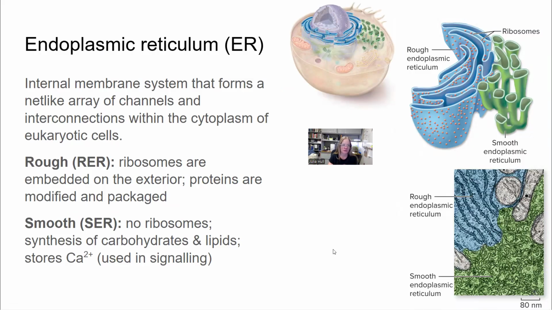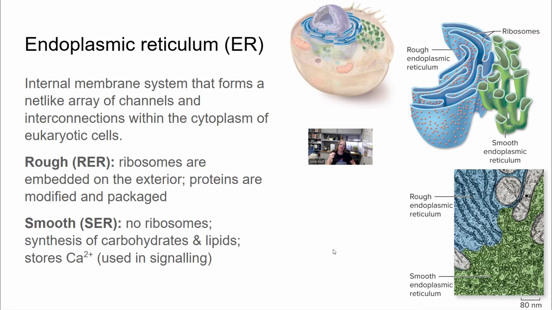So the endoplasmic reticulum, or the ER, is this complex, highly flattened structure with a really large surface area to volume ratio. It's these channels and interconnections that allow this interfacing between the ER and the cytoplasm. Again, I mentioned that there's two different kinds. There's the rough endoplasmic reticulum and the smooth.